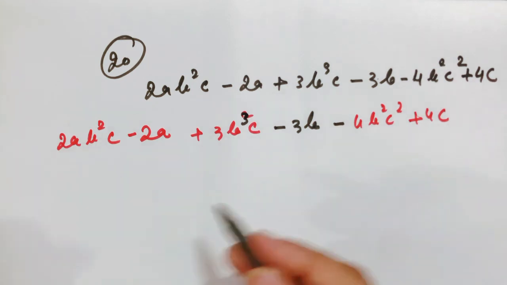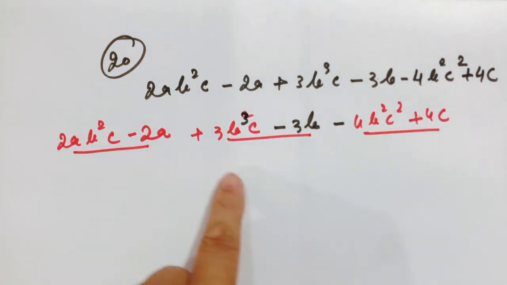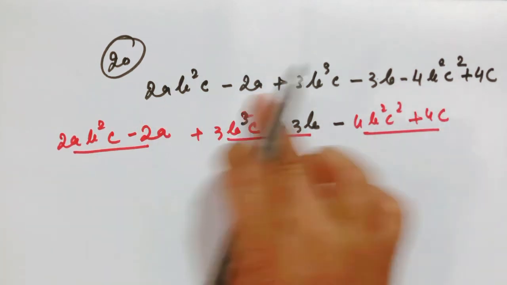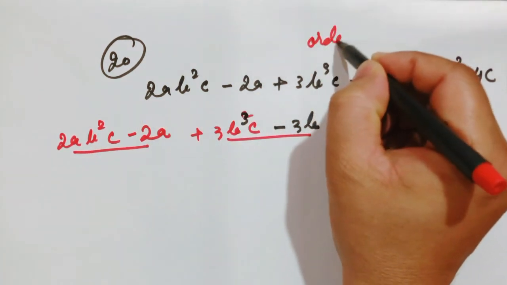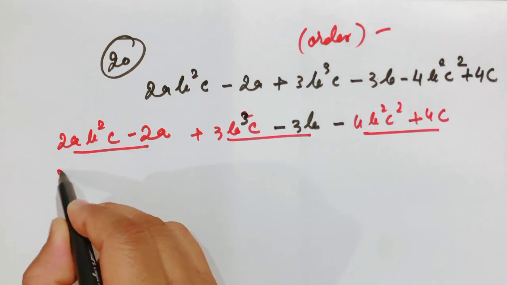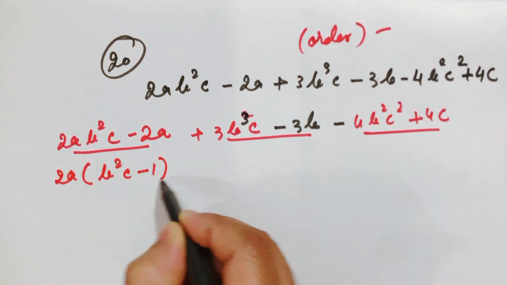This means actually I was testing whether I can take common in all, as I told you that you cannot take anything blindly. So I found that from these two, this is in order. So when this is in order, my half work is done. Here you can see that when I take 2a as common, you will be getting b square c minus 1.